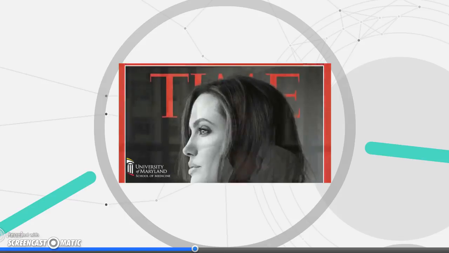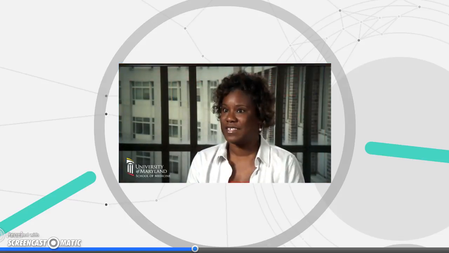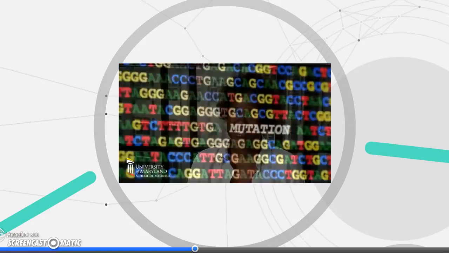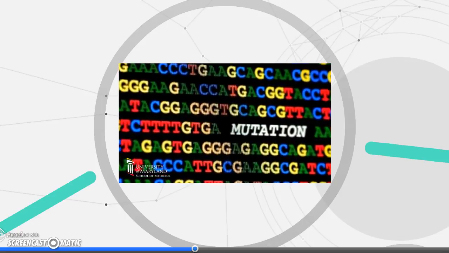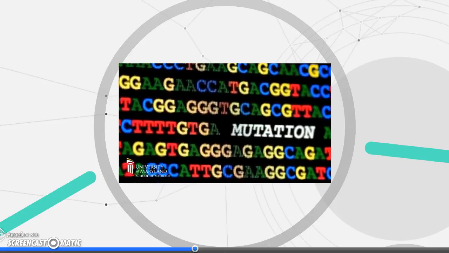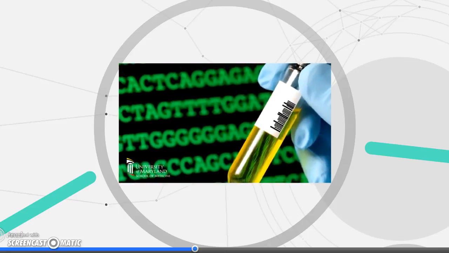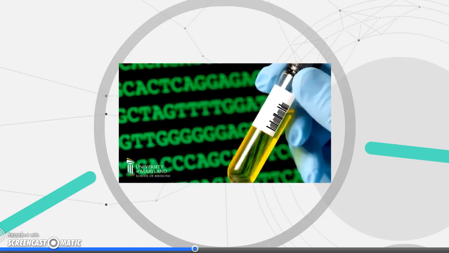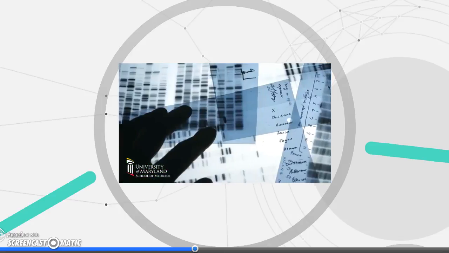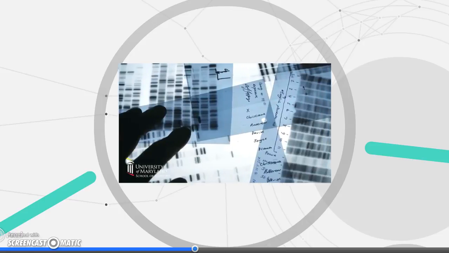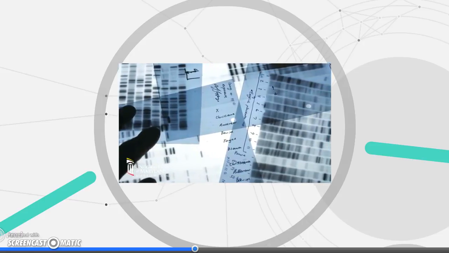BRCA2 has a mutation spectrum in not just breast and the ovary, but a variety of different cancers like colon and pancreatic. So essentially these genes, although they're similar in sequence, the spectrum of cancers that eventually evolve from these mutations are slightly different.